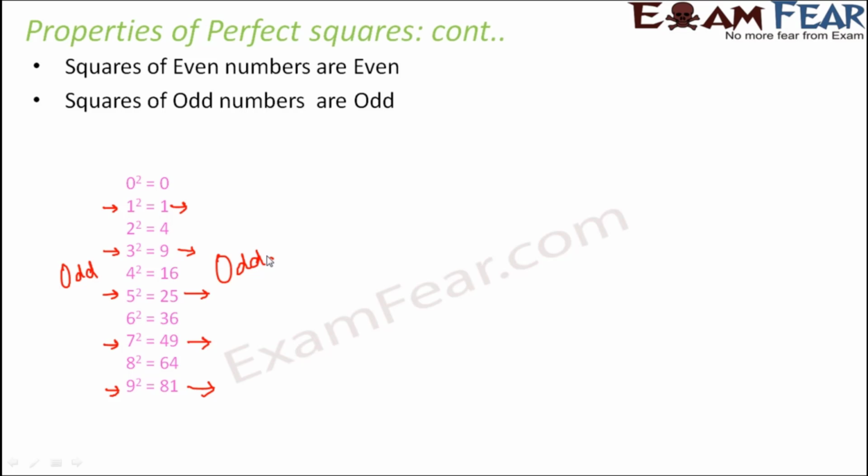Now, I hope all of you know what an odd number is. An odd number is that number which is not divisible by 2. And even numbers are those which are divisible by 2. So you see, odd numbers, you square them, the result is also an odd number. On the contrary, look at the even numbers like 2, 4, 6 and 8, and they all give results which are even again.